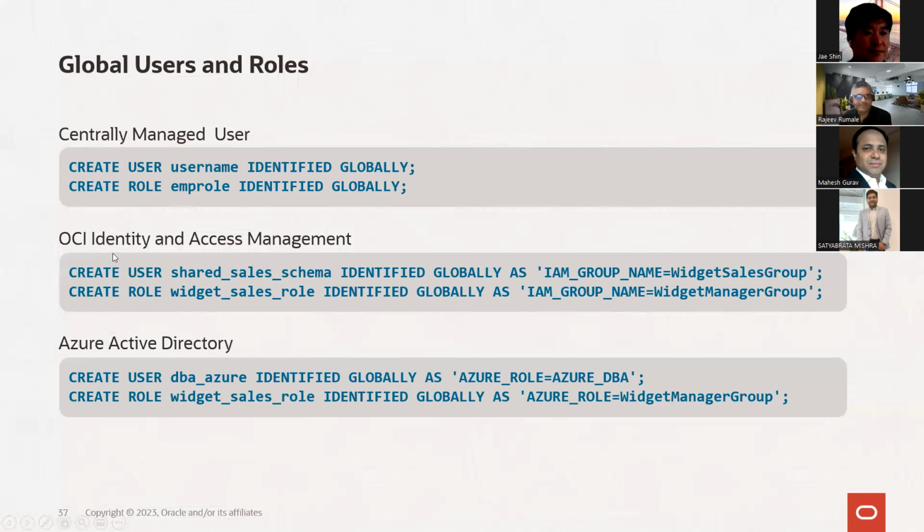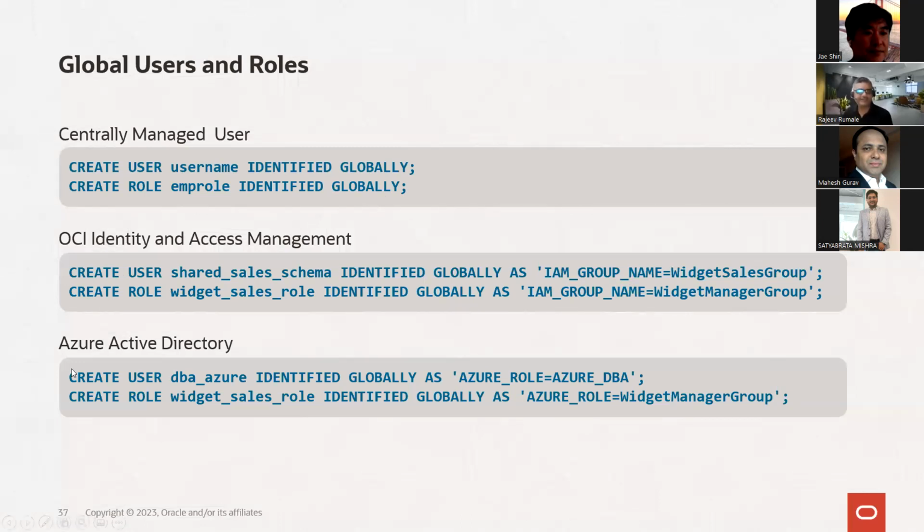When we are using Identity and Access Management in OCI, we will give the IAM group name and the identity and access management service that we have created.